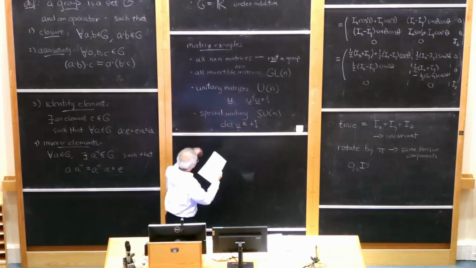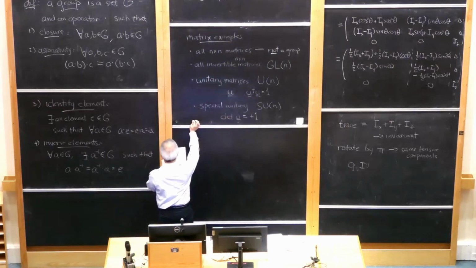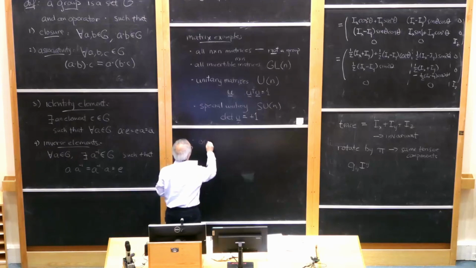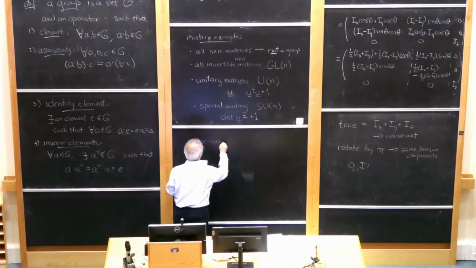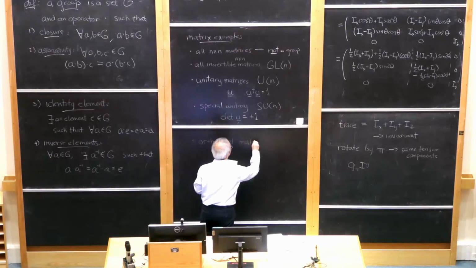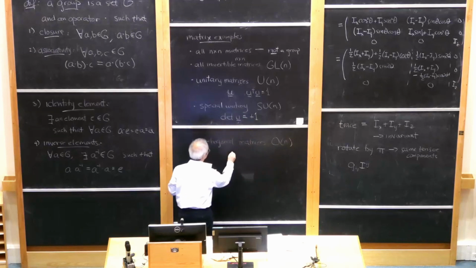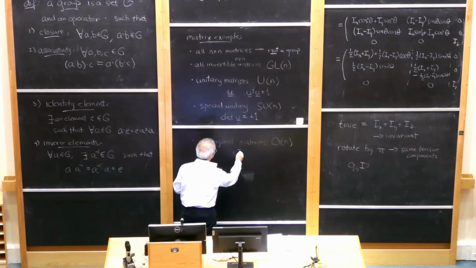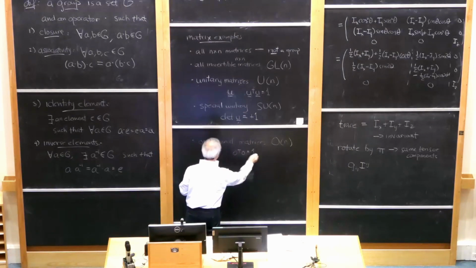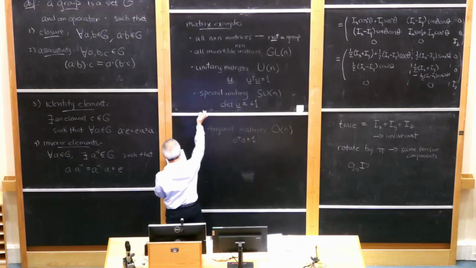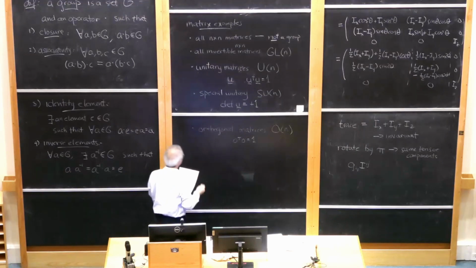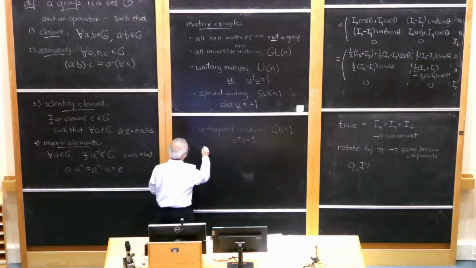And then finally, at least for now, we will have the orthogonal group, or orthogonal matrices, where you have O transpose O is equal to the identity, along with the special orthogonal.